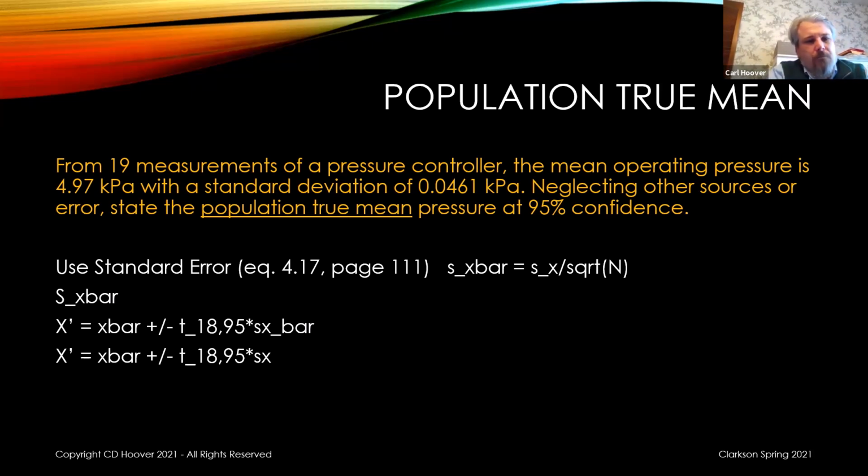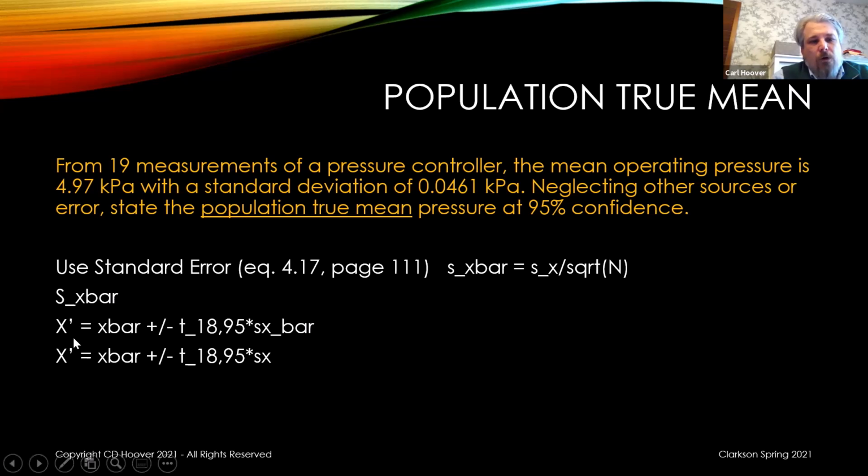So similar idea. We have our standard deviation, but this time we're going to use our standard error, which is standard deviation divided by square root of n, and that's little s of x bar.